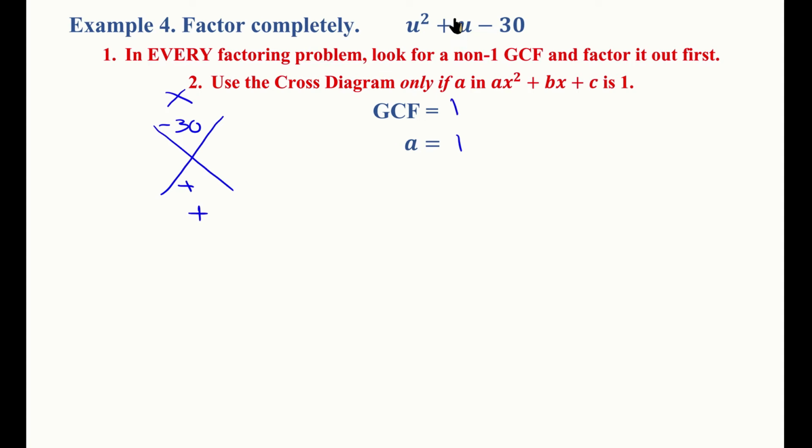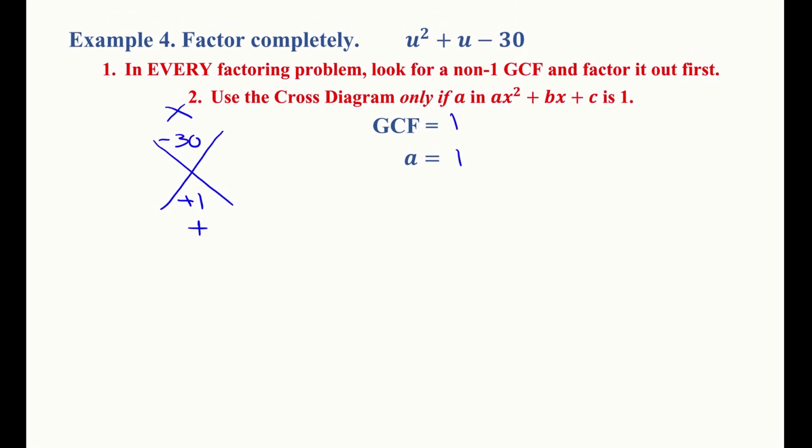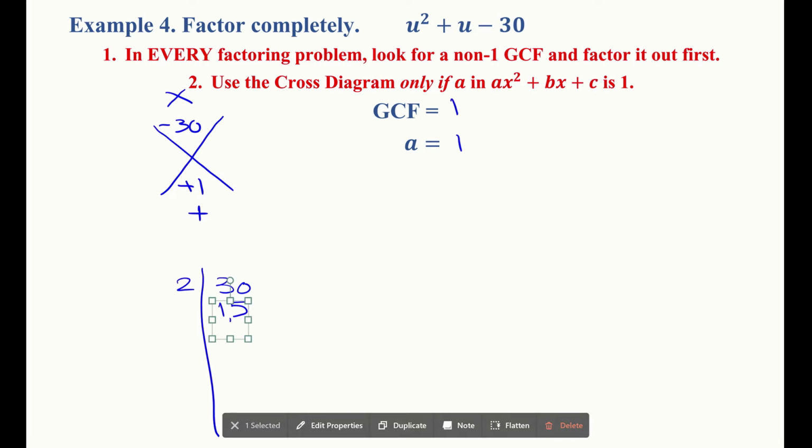When nothing is written, there's that invisible 1. So positive 1. So we want two numbers that have a product of negative 30 and a sum of positive 1. All right, again, prime factorization of 30 will help us with that quest.